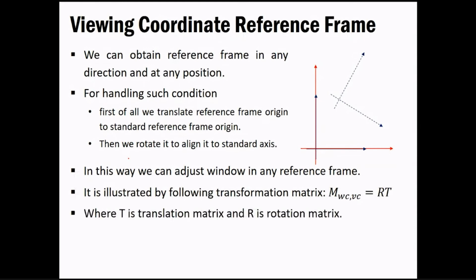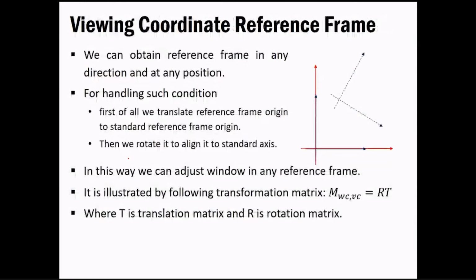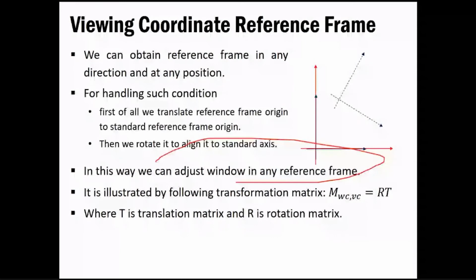Now perform the operation that you want to do, if it is some rotation or something, and then adjust it. First of all, you have to perform the translation and then the rotation. So first we performed the translation operation, and then we rotated it so that it could coincide with our origin.